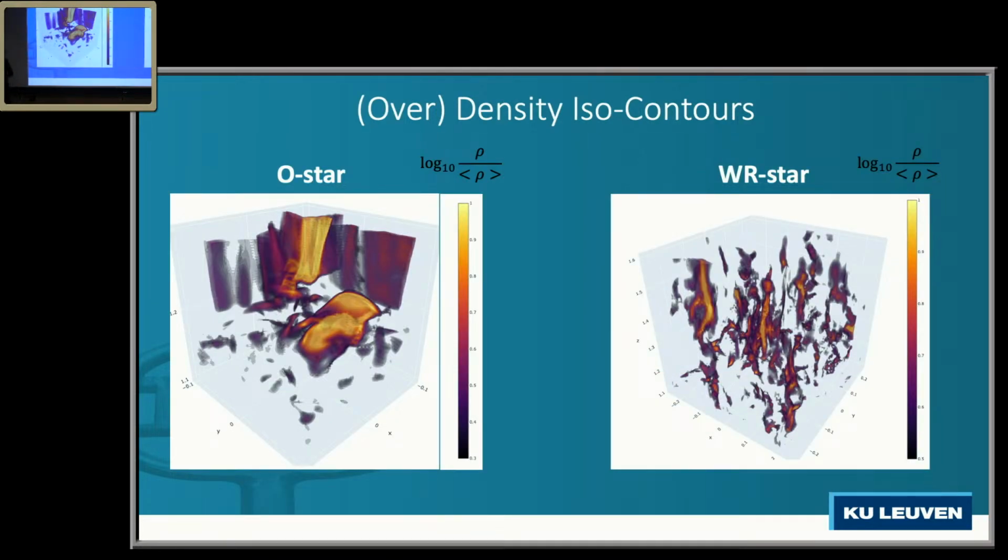Now we move on and look at some typical overdensities. These are density isocontours showing overdensities in two characteristic simulations, an O-star and a Wolf-Rayet star. Here you can see the photosphere of the O-star. You can see how the overdensity changes character from being very turbulent to the line-driving effects, which create these typical filament structures.